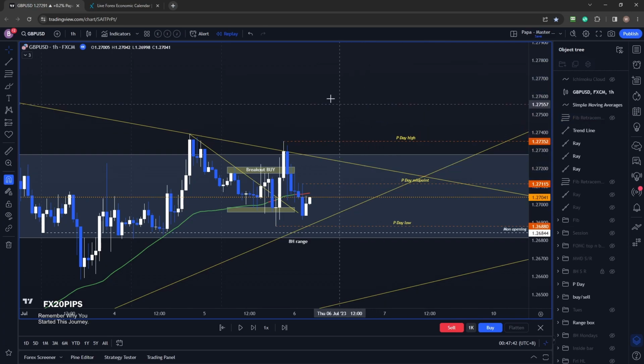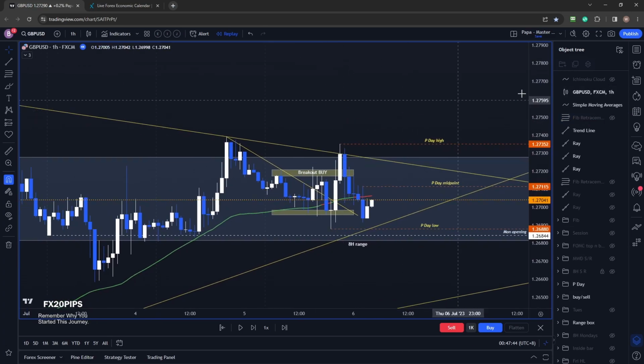Here we go. Right, so we are looking at the GBPUSD 1 hour chart. This is a replay mode. Let me go into detail how we can handle this breakout buy and breakout sell.